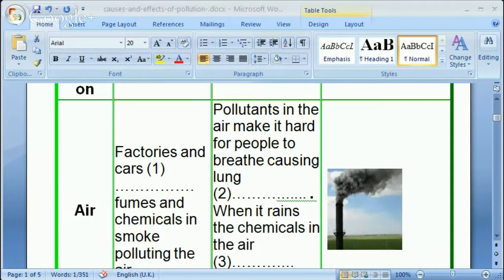I don't know what's going on here. Could use a little help, a little communication here.